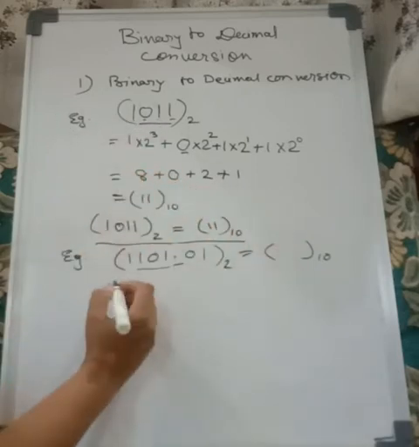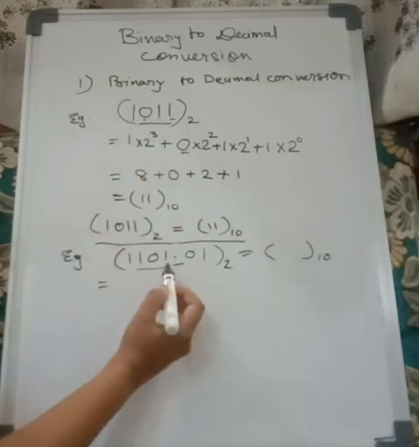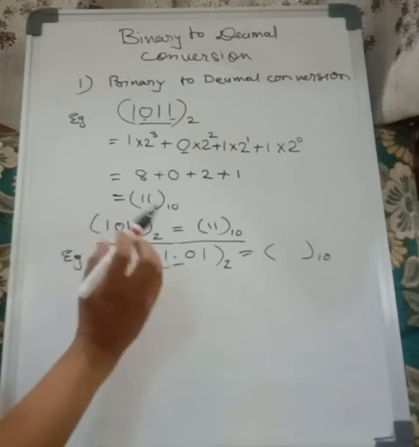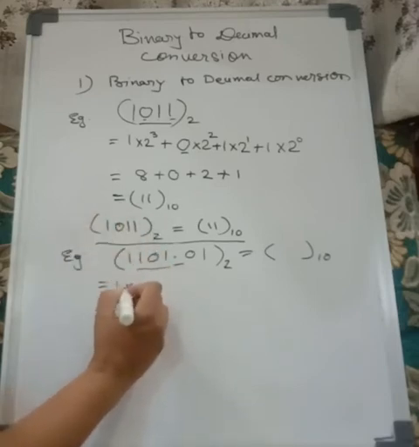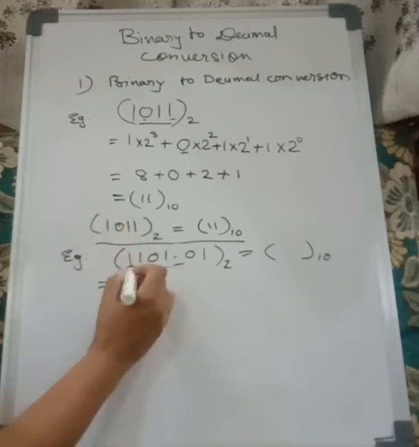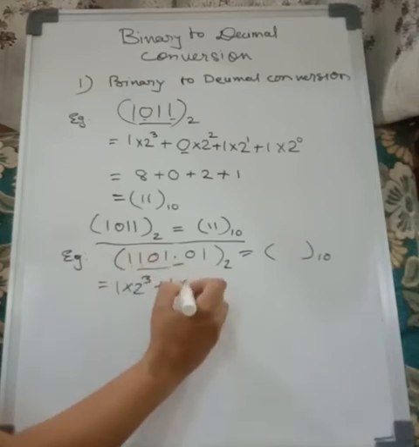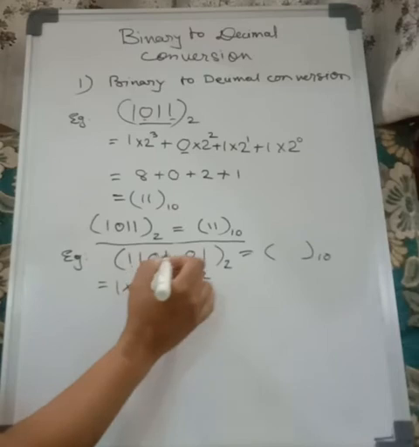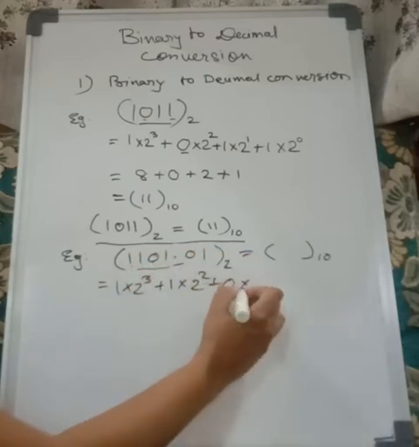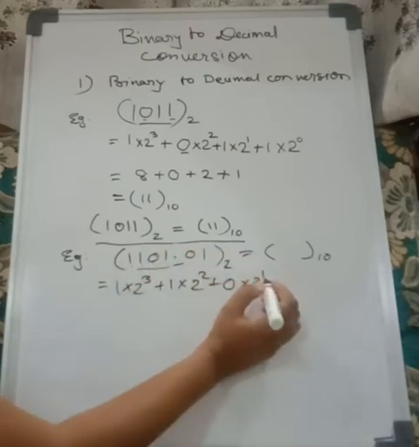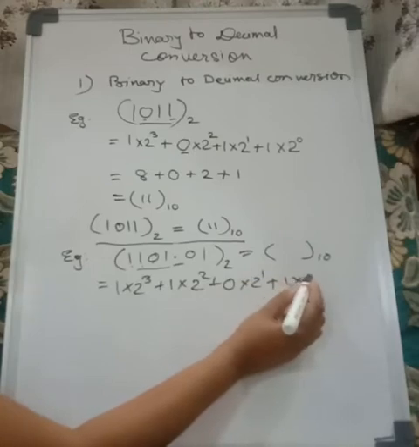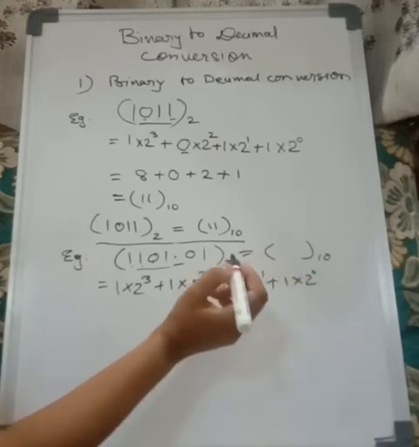So let us start with this. Here we have 1, 2, 3, 4 digits. Means there will be 1 into 2 to the power 3, plus 1 into 2 to the power 2, plus 0 into 2 to the power 1, plus 1 into 2 to the power 0. Isn't it?